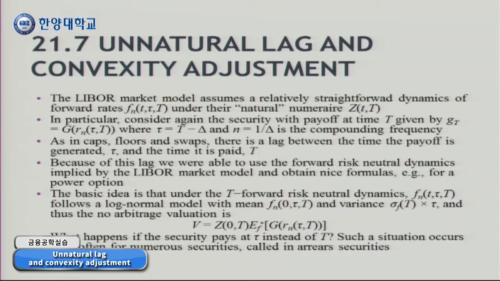So it is the time between the events. n is the frequency per year. So what we have until now is this payoff. See, we have tau over here. So this payoff is a function of R(tau, T), but the cash flow actually occurs at time big T.